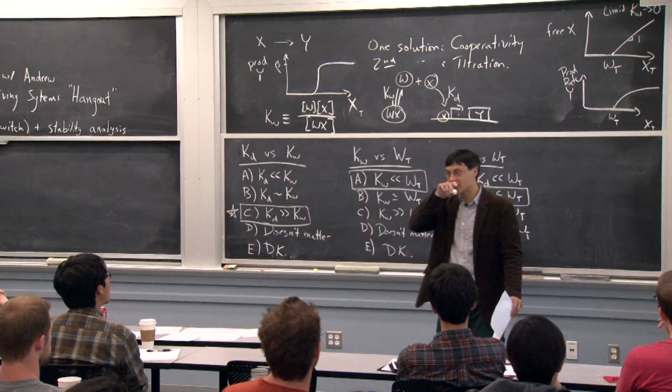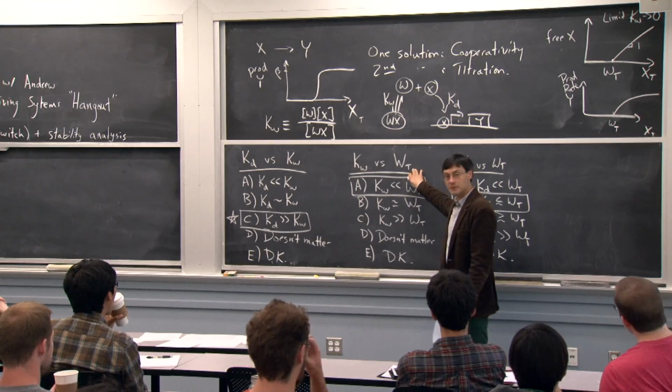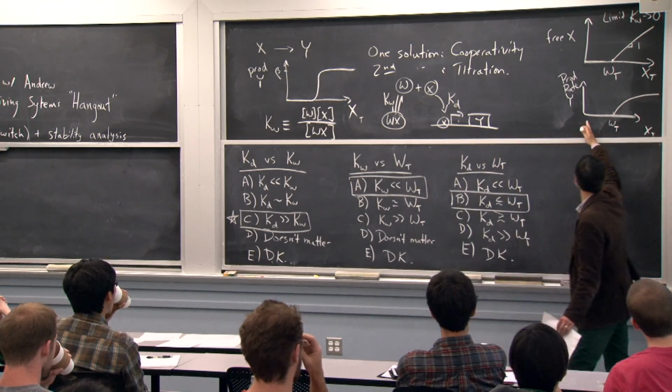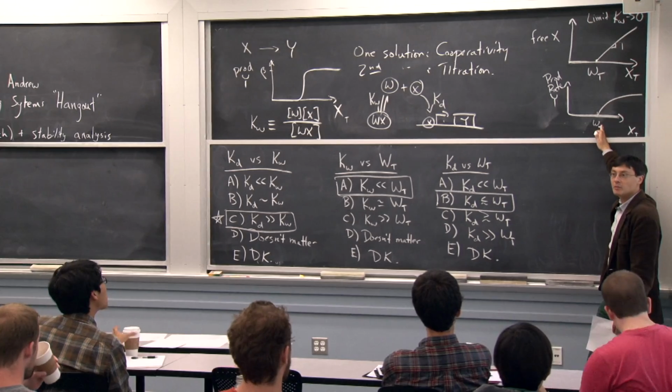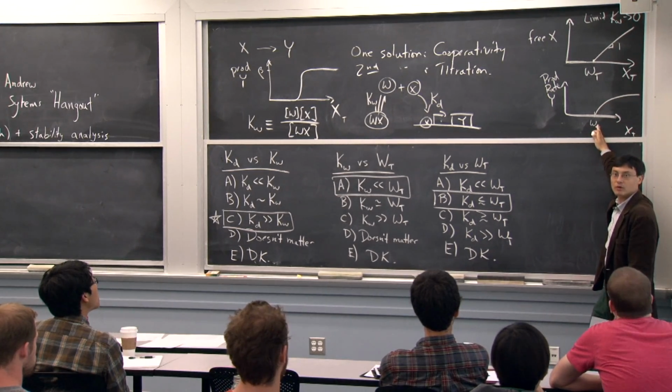Sure. Okay. So I think that this is actually subtle, because there are two ways that having more of this WT helps. One is that it pushes this boundary further to the right, but the other is that it makes it a better sequestering agent because there are just more of these W's to bind.